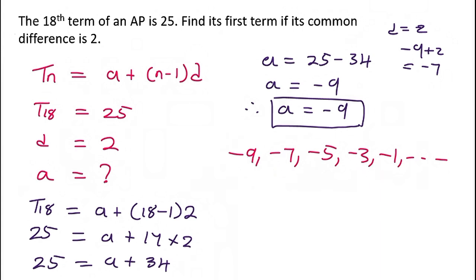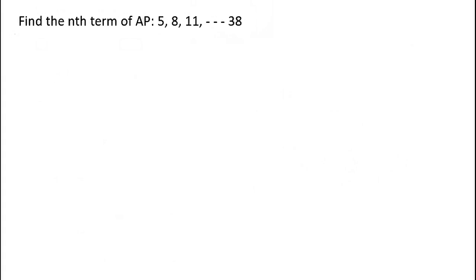Let's also take a look at another question. If we are to find the nth term of a given arithmetic progression. So we have here, find the nth term of the AP. The progression given is 5, 8, 11, and it goes on.